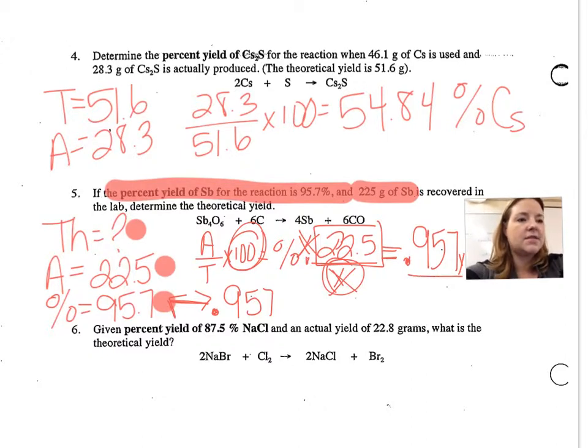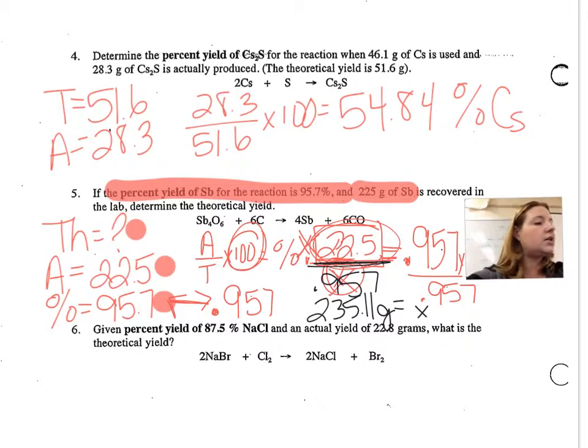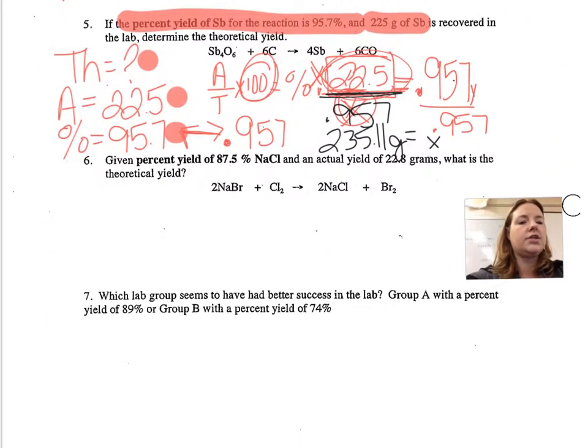So that means I need to divide this side by 0.957, and this side gets divided by 0.957, and that'll tell me what x is equal to, and you should get 235.11 grams would be your theoretical yield. Okay, if you haven't already tried 6 and 7 on your own, pause it before you continue watching and try to do them on your own.